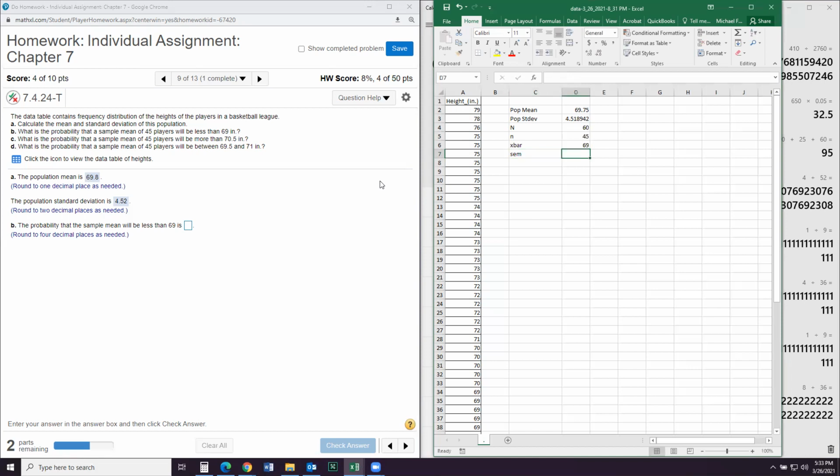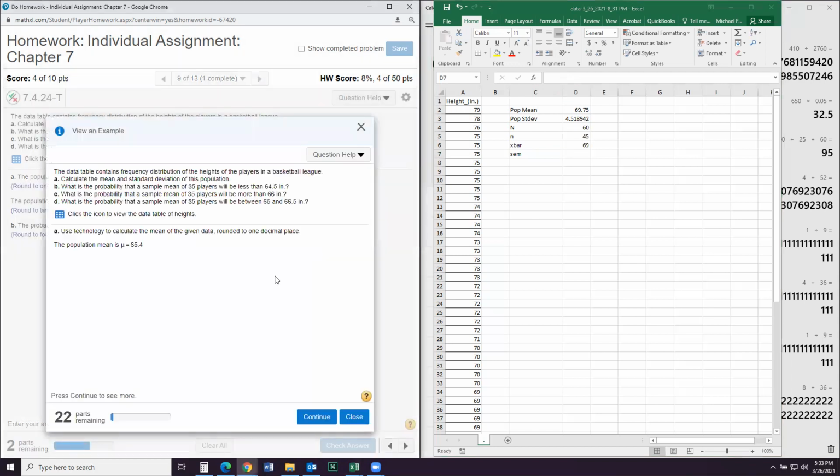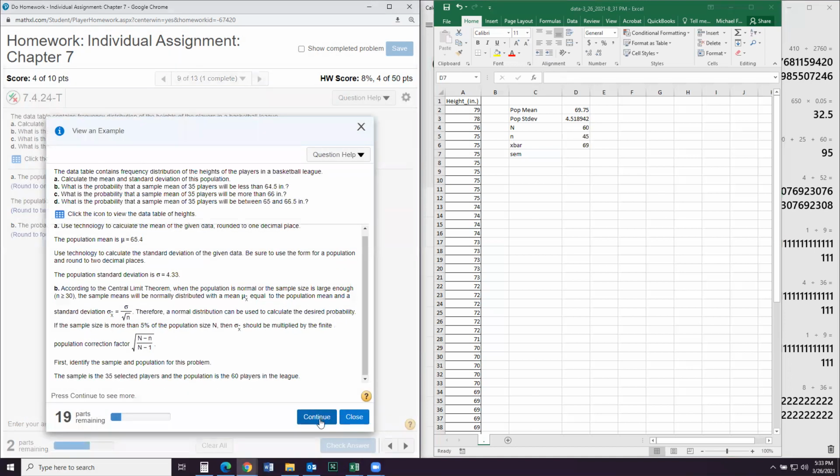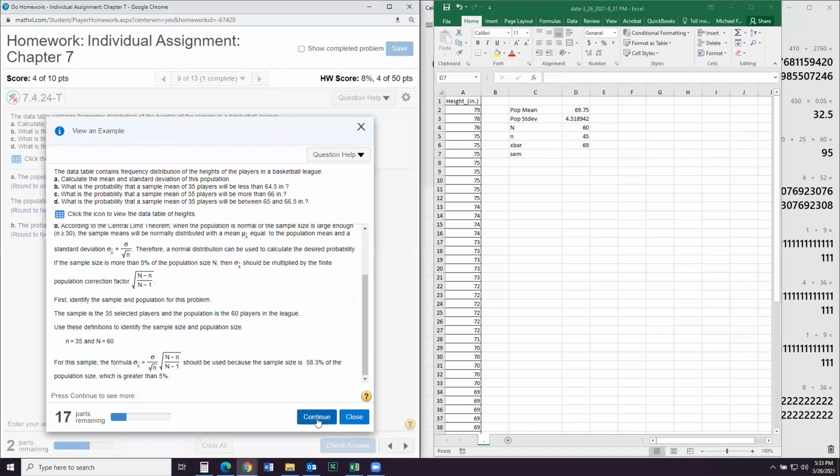So the standard error of the mean, there's not an Excel function to figure it out. So instead, we have to do a formula. If you forget the formula, you can always look and view an example. I'm sure you already know that, but I'll show you. So right here, our standard error of the mean is our population standard deviation over the square root of n.